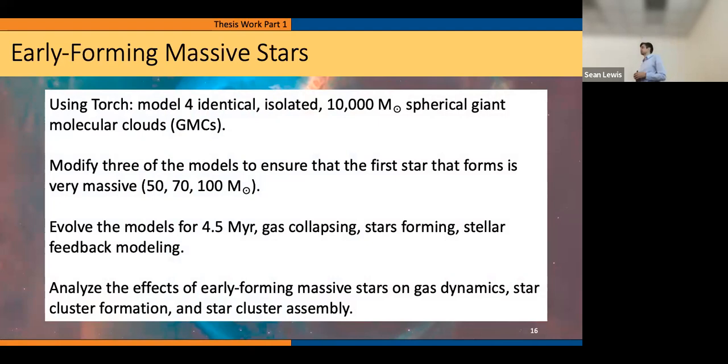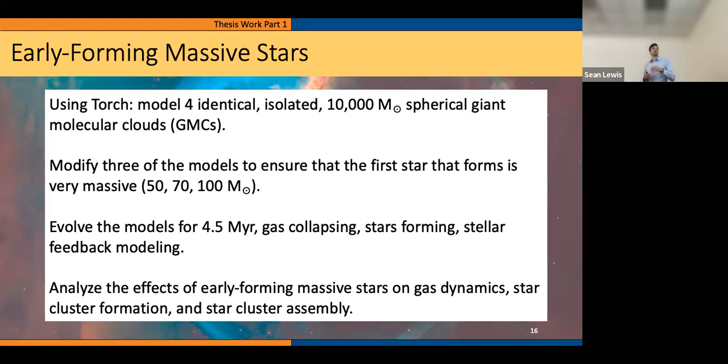So, like I said, using TORCH, the numerical model I was just talking about, I designed a controlled experiment in which I had four different simulations of the same giant molecular cloud. So starting from the same initial conditions, that is, we had a spherical cloud that had 10,000 solar masses of gas, with the same velocity dispersion, so the gas is moving in the same way across all of these simulations. The only thing that's different between these four is the first stars that are allowed to form.